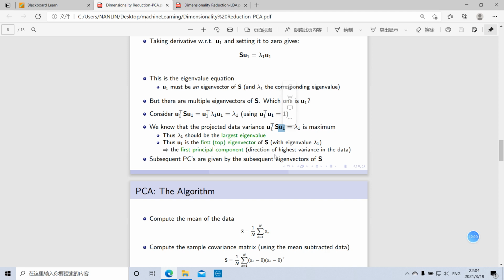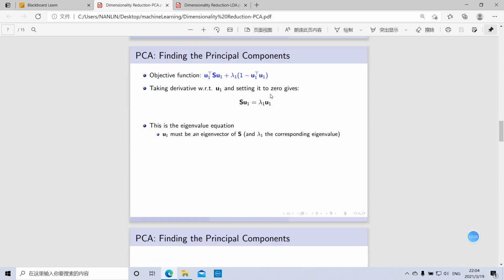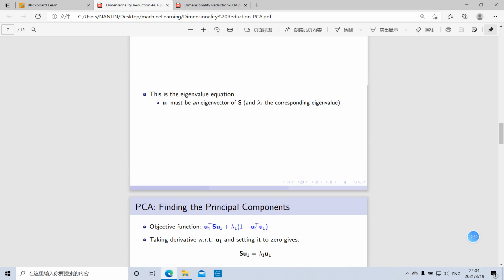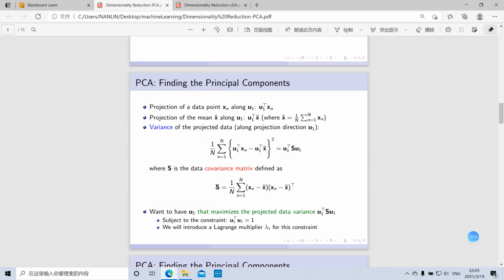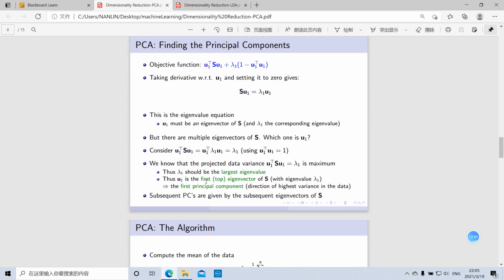And then U1 will be the first eigenvector of S. So S is a covariance matrix. Just to remind you, S is the covariance matrix. So U1 will be the highest eigenvector of S.